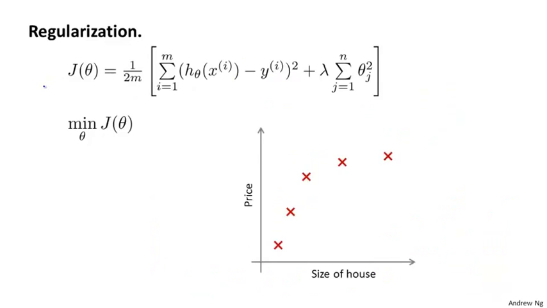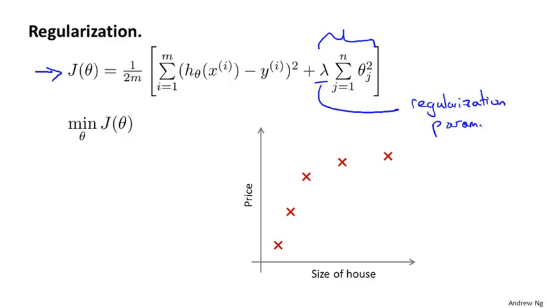Writing down our regularized optimization objective, our regularized cost function, here it is. Here's J of theta, where the term on the right is the regularization term, and lambda here is called the regularization parameter. What lambda does is it controls a trade-off between two different goals.